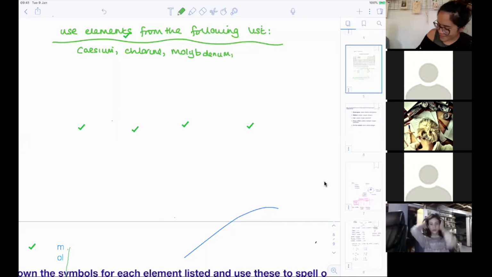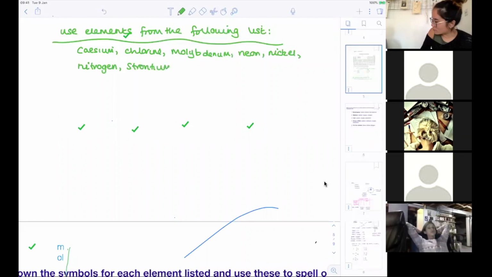I'm not going to say that. Neon, nickel, nitrogen, and strontium, and tin. By the way, you will need the periodic table.